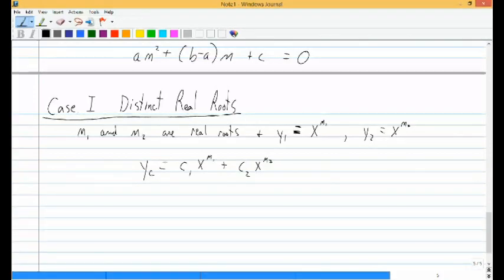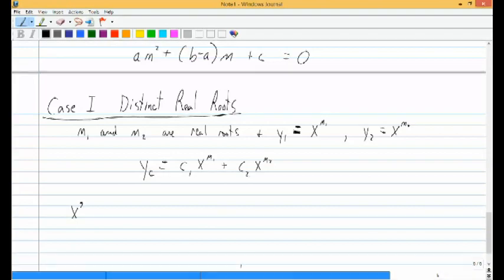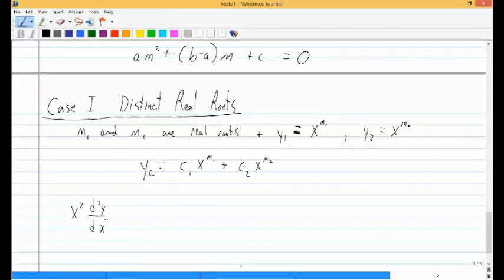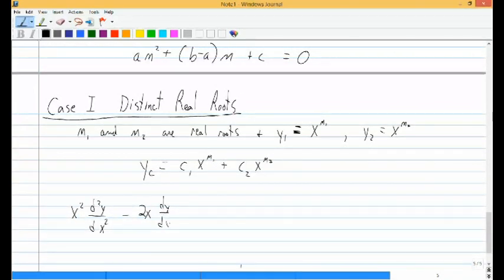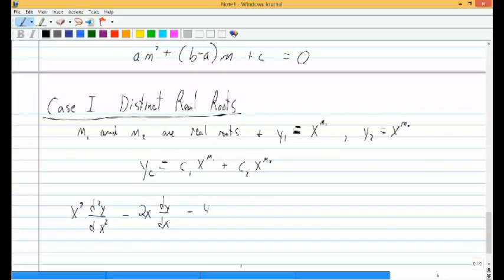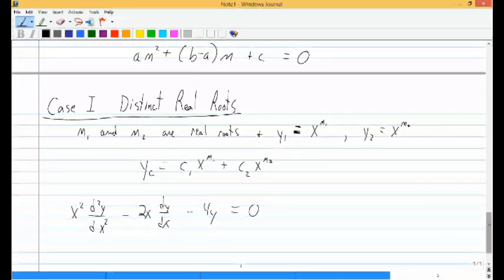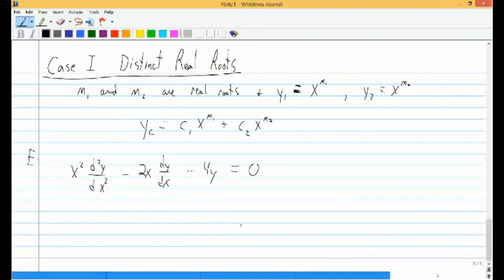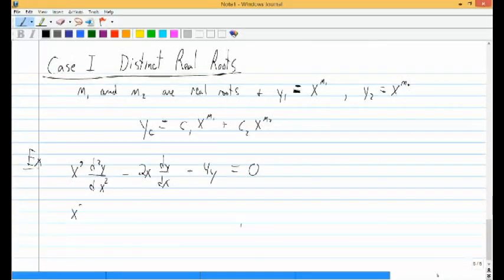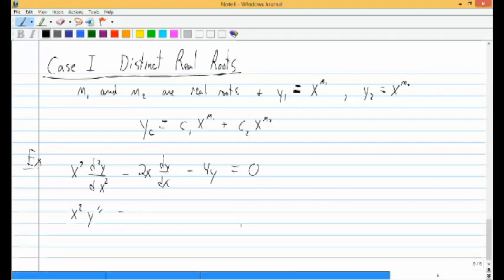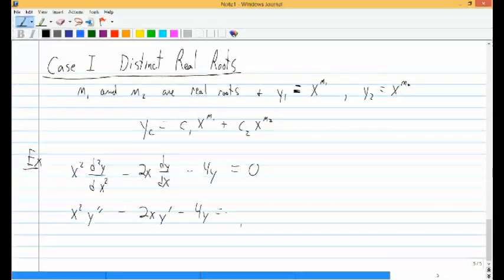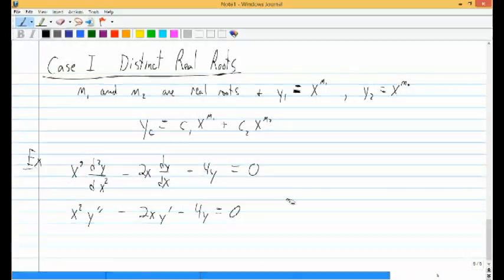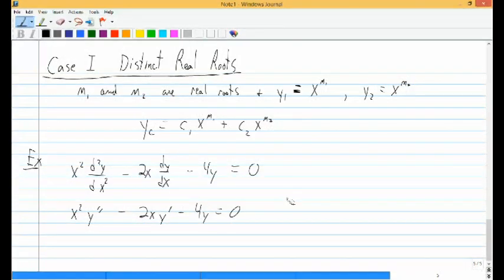So, for example, let's say that I have x squared d squared y dx squared minus 2x dy dx minus 4y equals 0. You can also write this as x squared y double prime minus 2x y prime minus 4y equals 0. That means the same thing, just an alternate form.